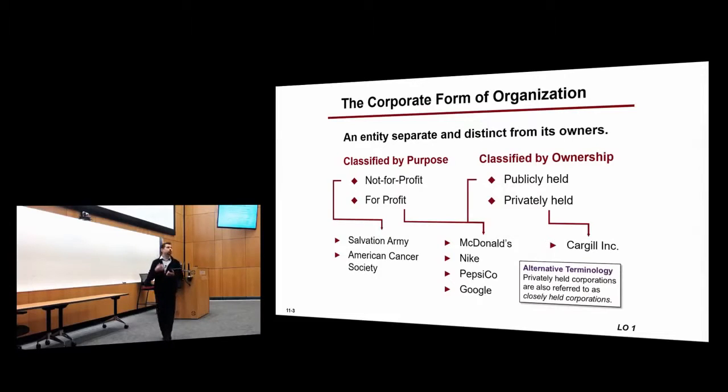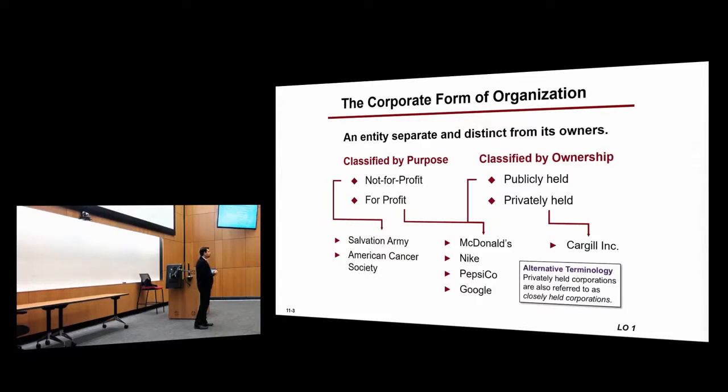Okay? Red Cross, that's not for profit. The main purpose is to provide some kind of service. On the other hand, for-profit are like the regular companies whose main objective is to make gains and profits.